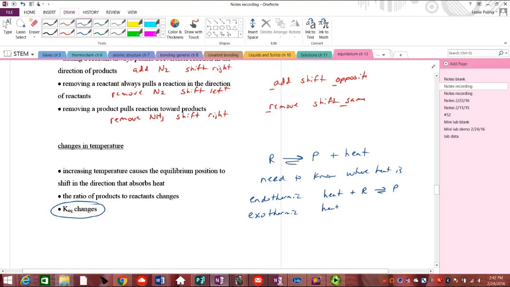Exothermic, heat is a product. So you can think of it the same as concentration. When you add heat, it will shift to the opposite side. But you need to know where heat is.